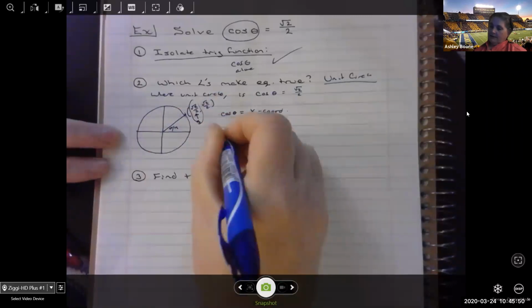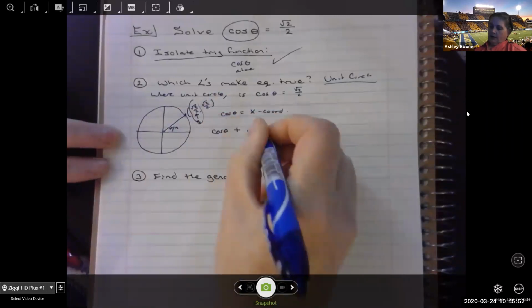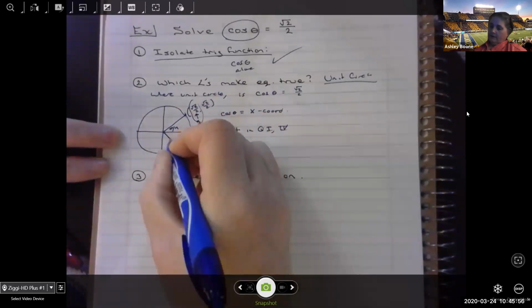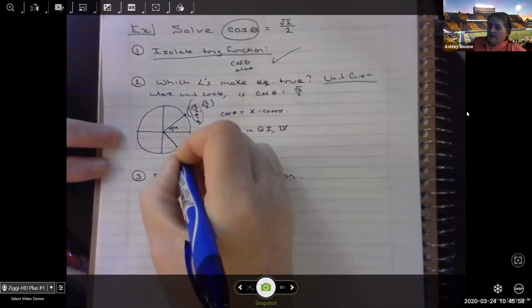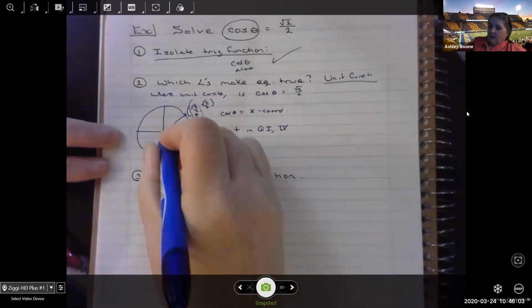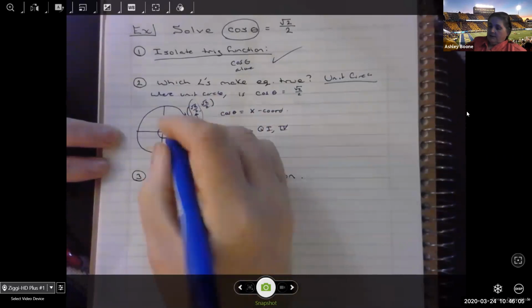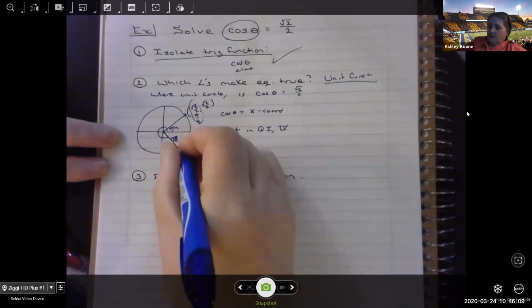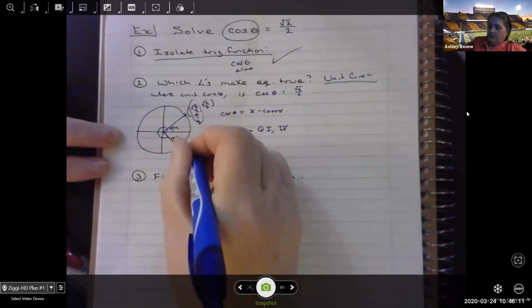And cosine is positive in quadrants 1 and 4. That's where you have a positive x coordinate. The angle that corresponds to this in quadrant 4 is 7 pi over 4. That has the ordered pair root 2 over 2, negative root 2 over 2.